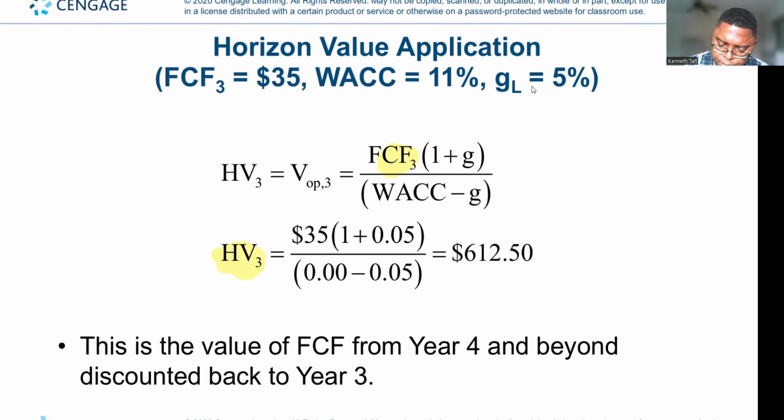The free cash flow year 3, based on the problem, we are told is 35. The WACC is 11%, g is 5%. So we have the 35, 5%, and 0.11. If we multiply that out, we end up with 612.1.